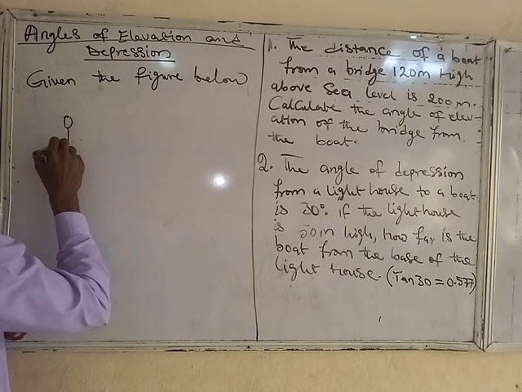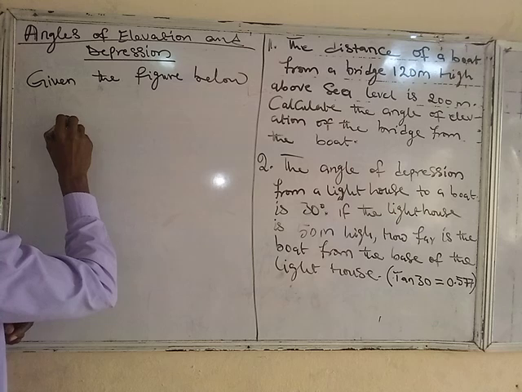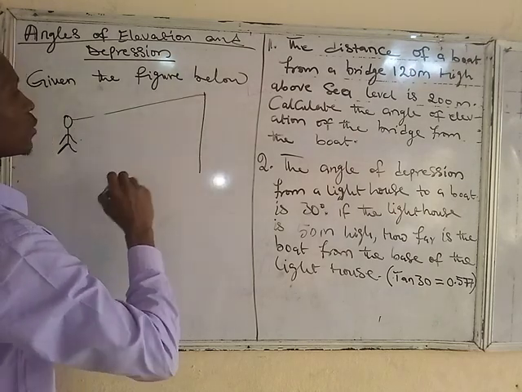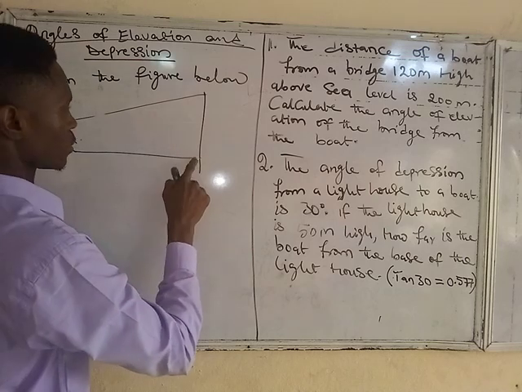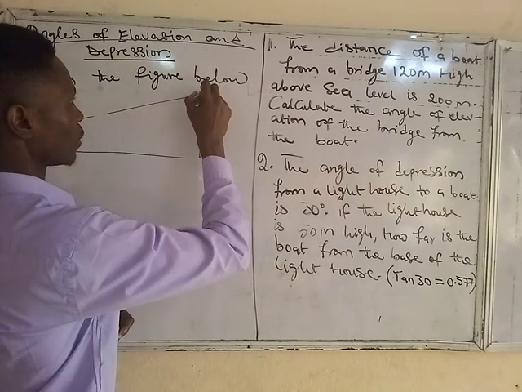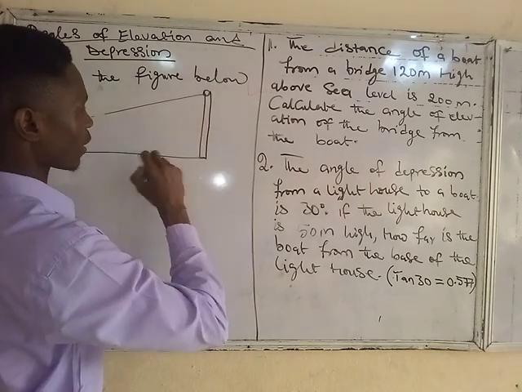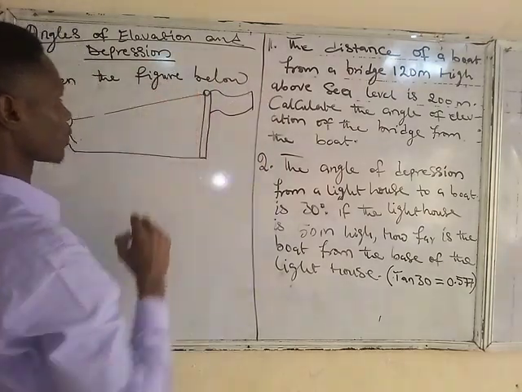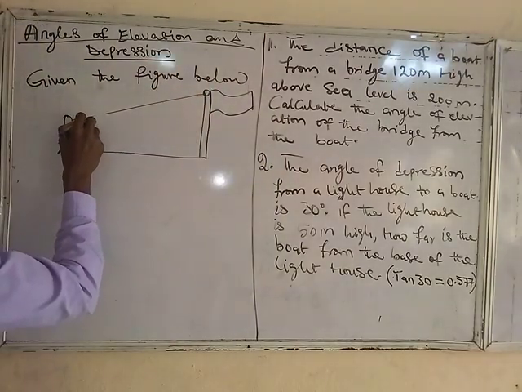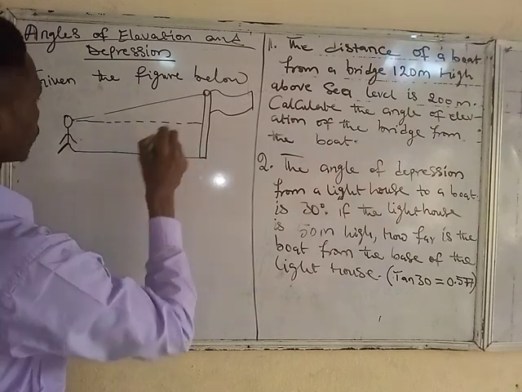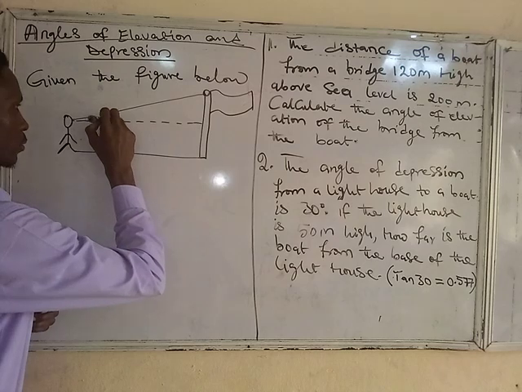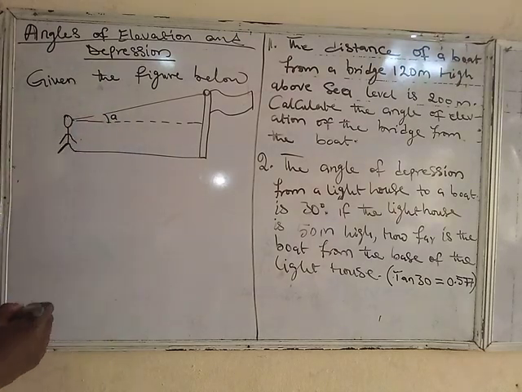Let's bring it down like this, moving like this. Let's trace this. Let's assume this is a flag. So this angle, let's say, is angle A.